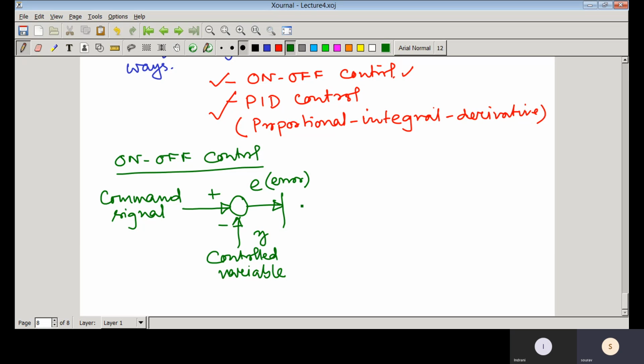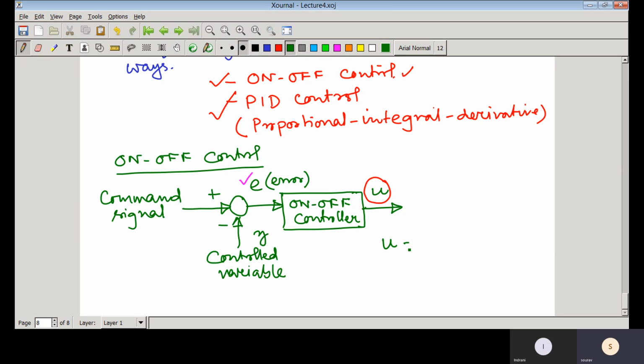Now we have the controller, which is an on-off controller. Depending on this error signal, the on-off controller generates a control input U, which is the corrective action fed to the plant. Now what is the control law?